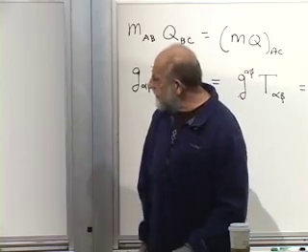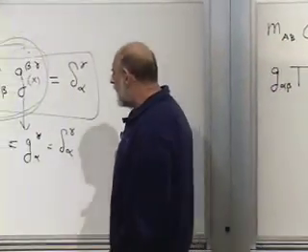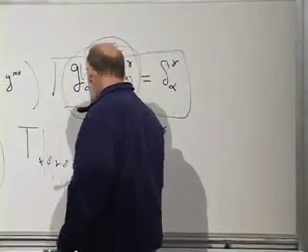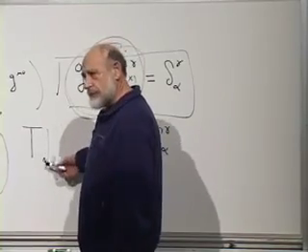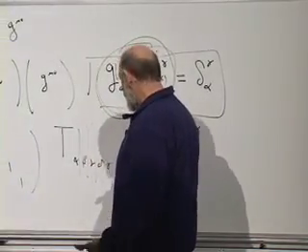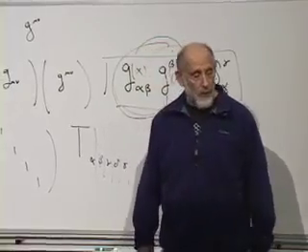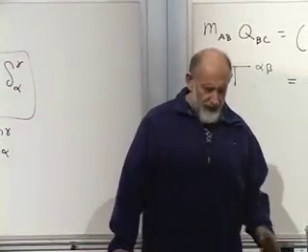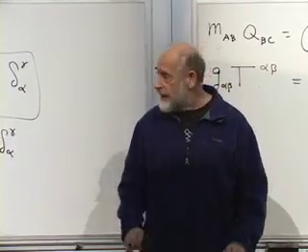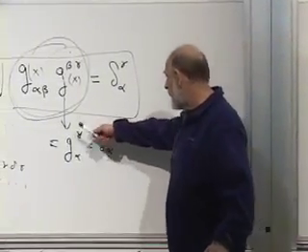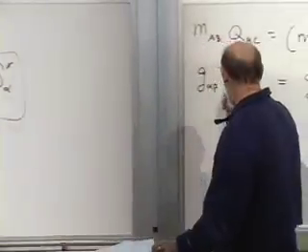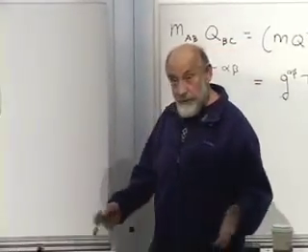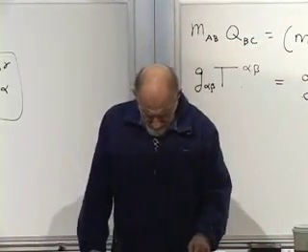If you like, it's just a way of forming tensors with upper indices out of tensors with lower indices. And you give them the same name if they're related by this operation. They have the same information in them.